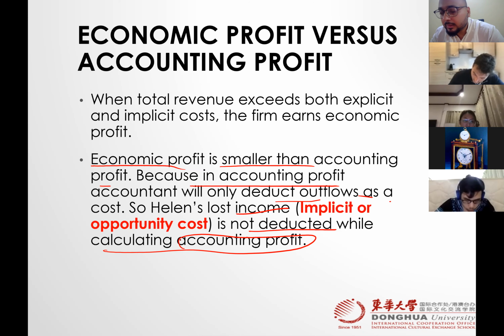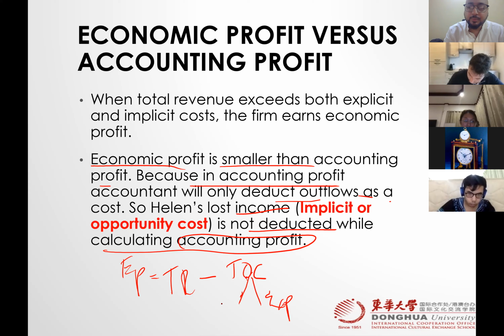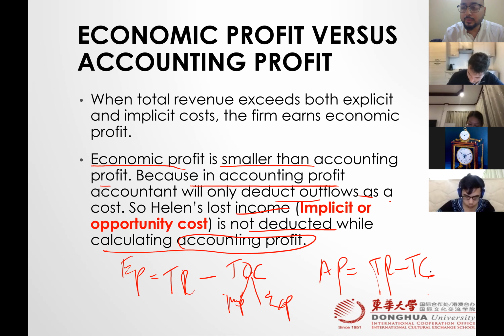Understand? If we want to calculate the economic profit, the formula would be economic profit is equal to total revenue minus total opportunity cost, including explicit and implicit cost, while accounting profit only includes total revenue minus total cost, which includes only explicit cost.